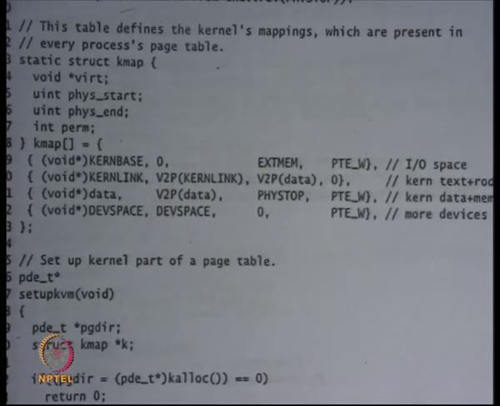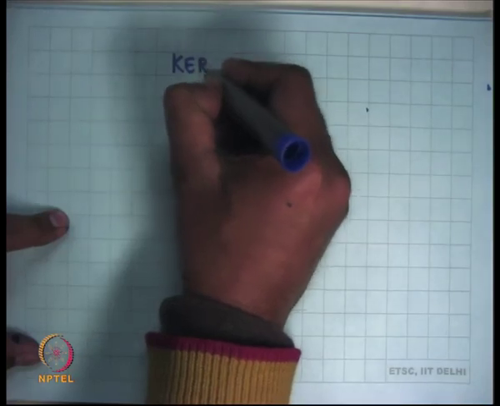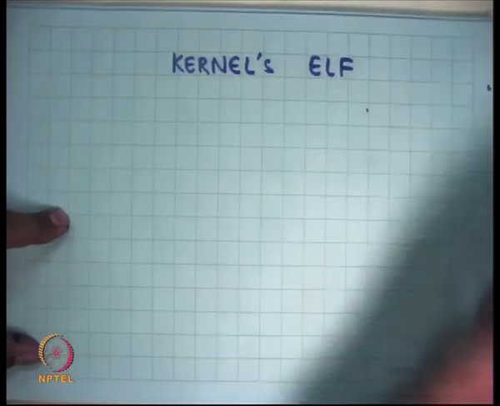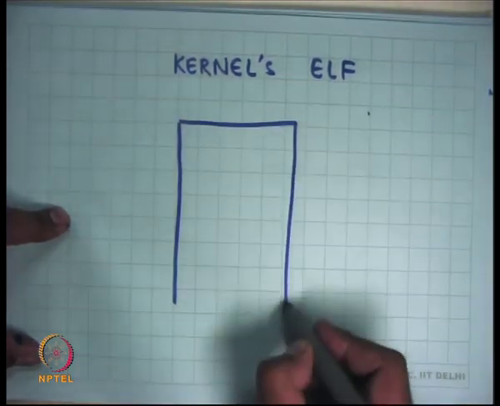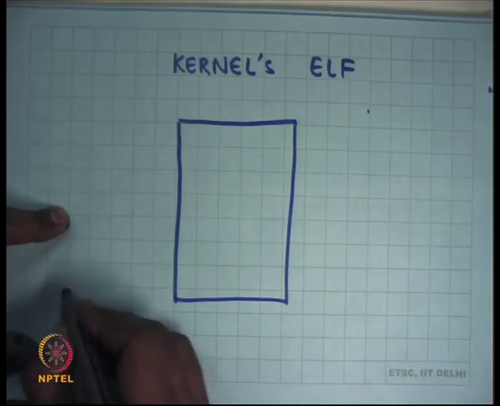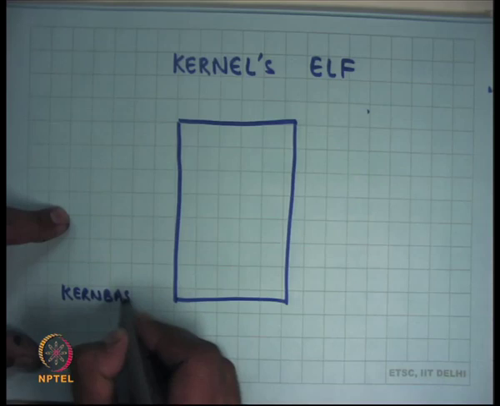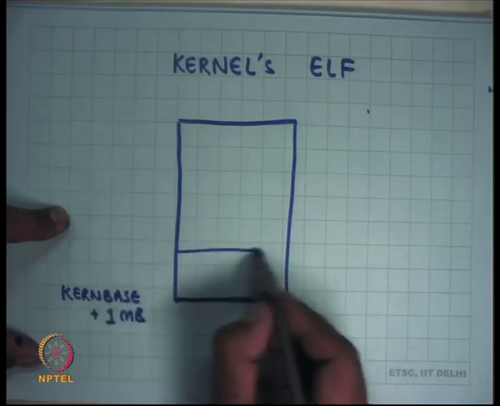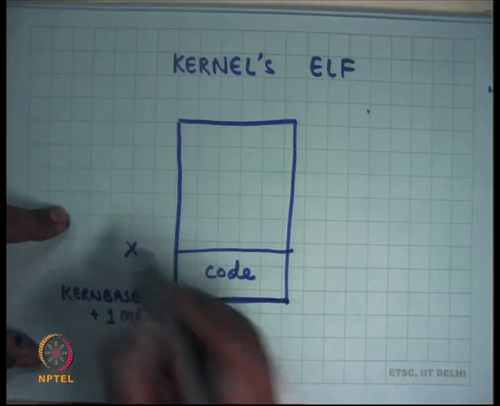So the kernel's ELF has been organized in such a way that this is kern base plus 1 MB, that's the start address. It will first have some code, whatever the size of the code is, and so somewhere the code will finish.